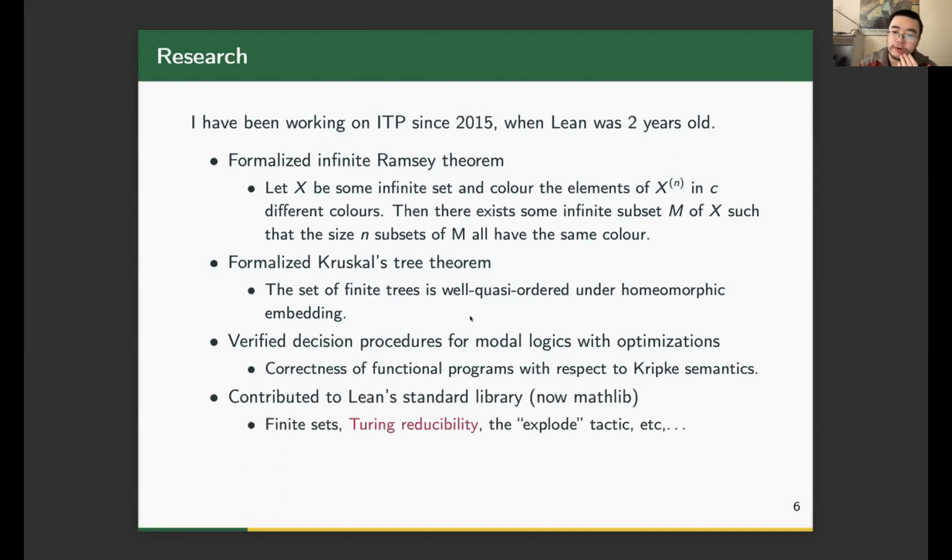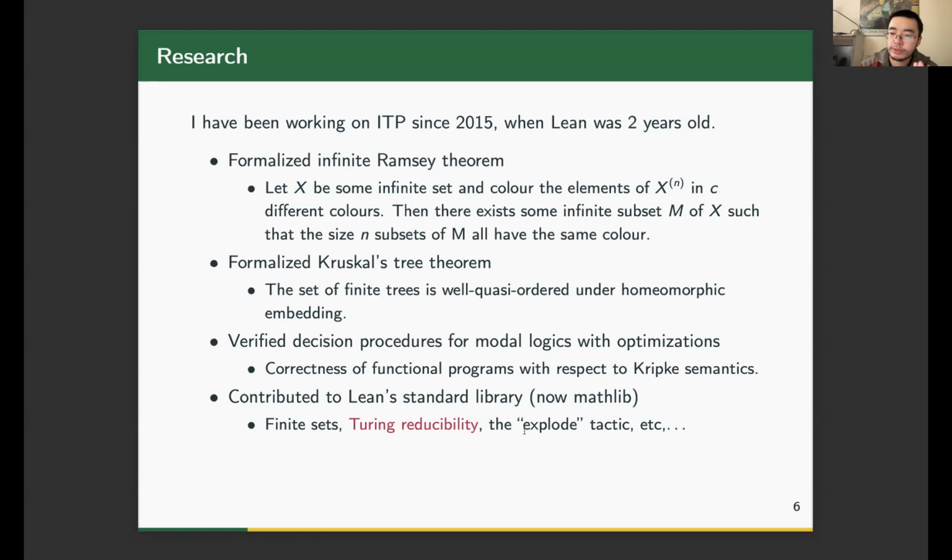And I've also contributed to the Lean standard library where we have those finite sets, and I formalized Turing reducibility, as we've just seen in Junlei's talk. We don't have the full Turing reducibility yet, so we don't have Turing degrees, but we have many-one degrees and one degrees, and we prove that they form a semilattice.